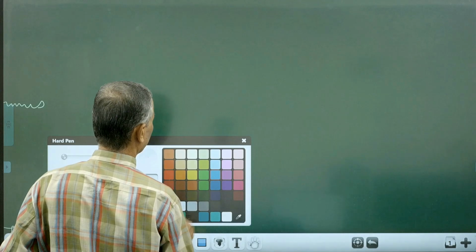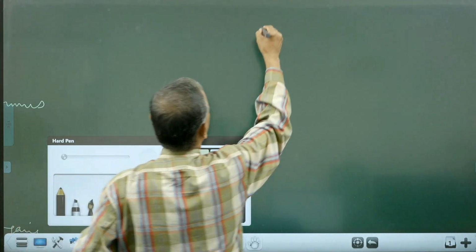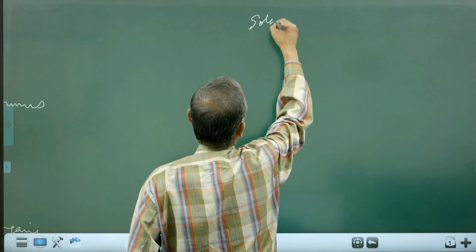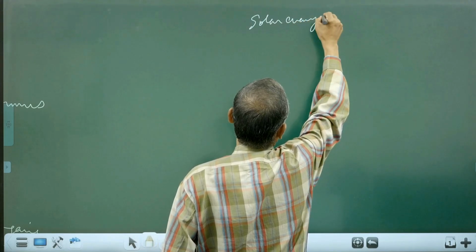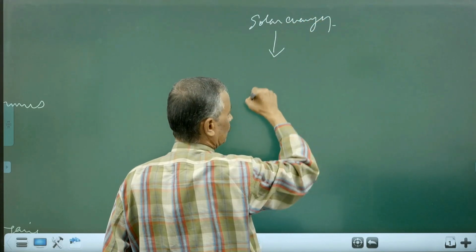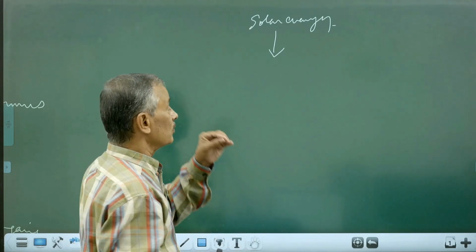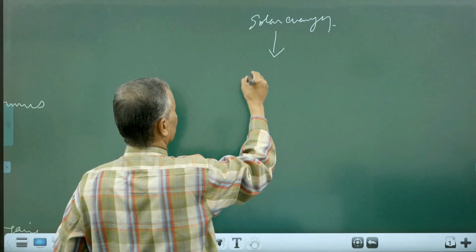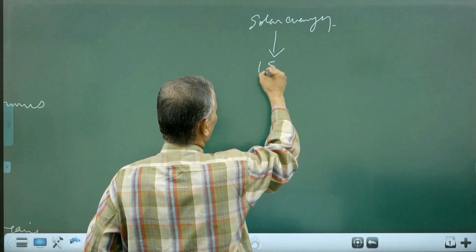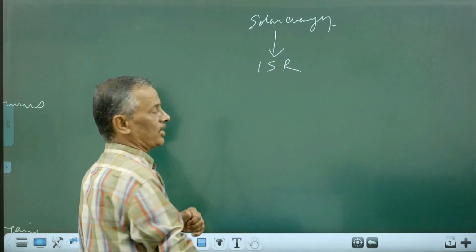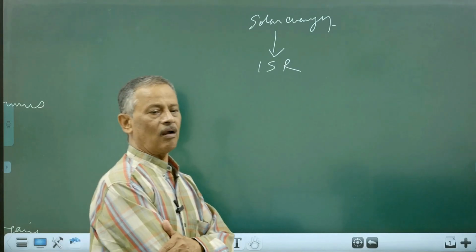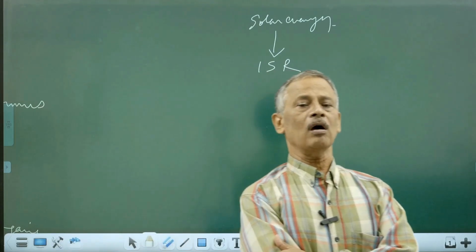Of the solar energy, only a small part is reaching the surface. Okay. So that energy that is reaching the Earth's surface is called incident solar radiation.